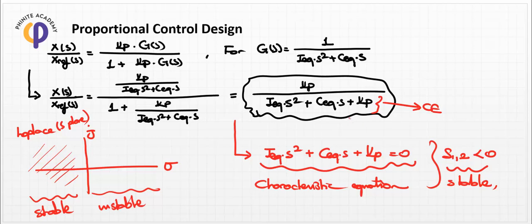If we have this kind of equation, we can reorganize the roots by selecting the proper Kp value, and then we can control the system using this equation. So what about this equation?